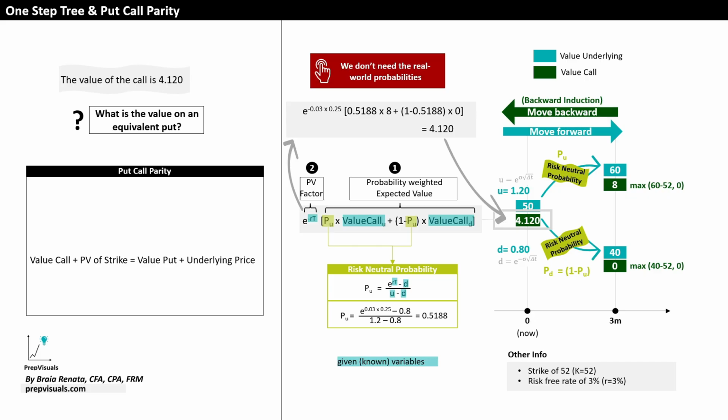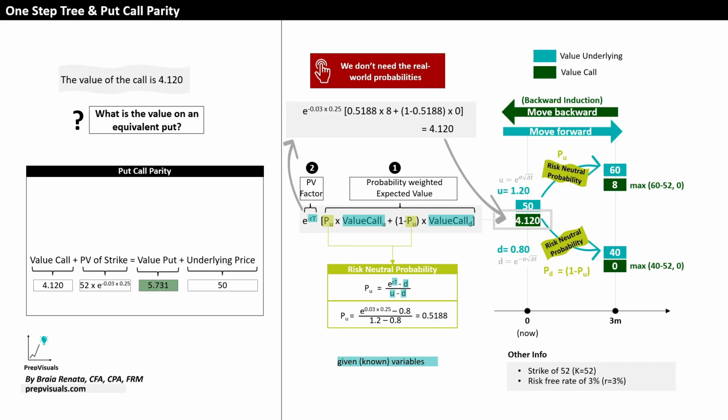Let me show you. So basically, we know the value of the call to be this value over here. We know the strike price of the call, the present value of which would be this much. And we also know the underlying price. So essentially, if we solve this equation, we would get this value for the put.